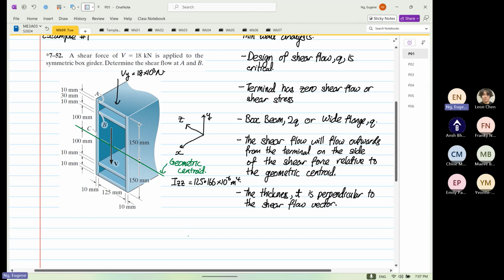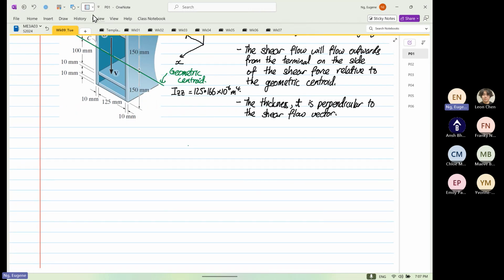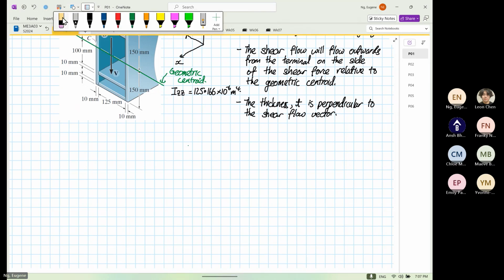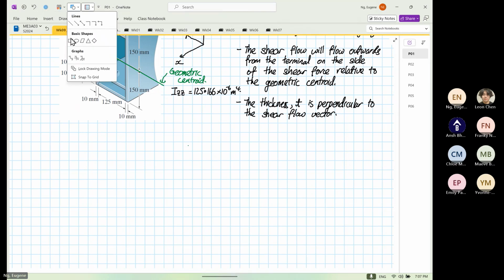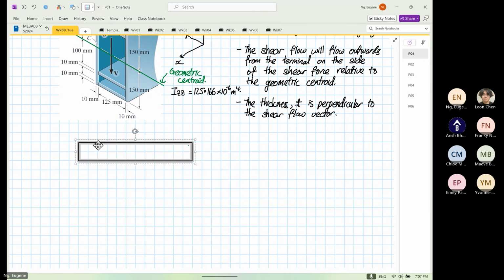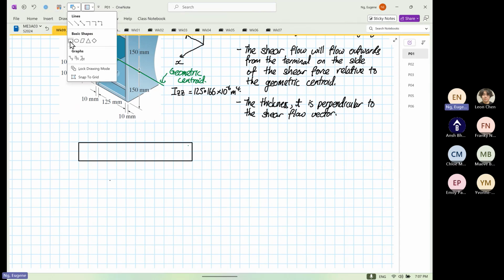So to solve this problem, as I mentioned earlier, is how we design the shear flow. Once you design the shear flow correctly, to determine the shear flow at point A and point B is very straightforward. Okay, so let's look at this. I'm going to sketch points on the structure, not to scale, okay. One here. We got another one.